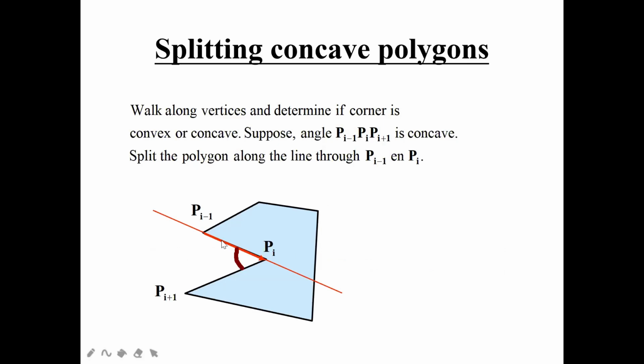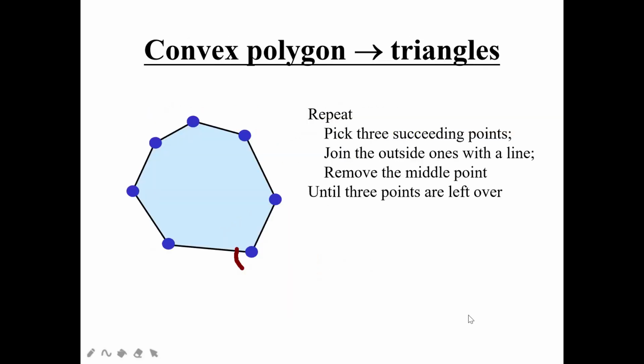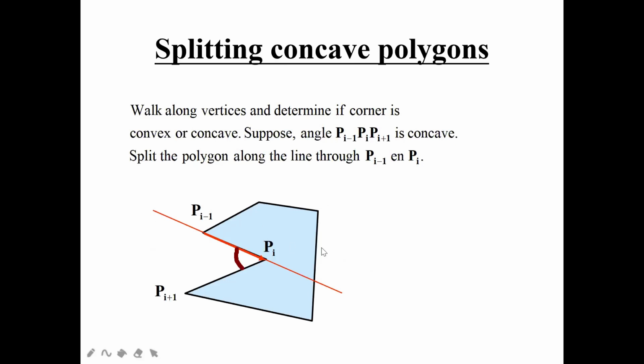Now I just want to split this polygon along this line, which is your Pi minus 1 and Pi. So how am I going to do it? I'll just put one line over here and I can divide it. Can you see? Now this is one part, this is another part, right? This side will become open.